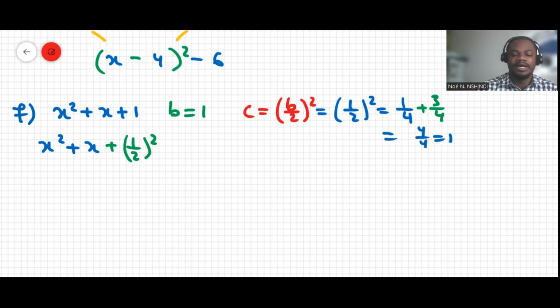So I must add 3 quarters there, and then we're going to take the basis like that, and this will be to the power of 2, and then that will be x there, and then a half there. It's plus over here, and then plus 3 quarters. Okay, that's F.